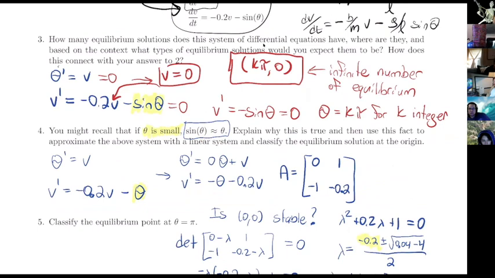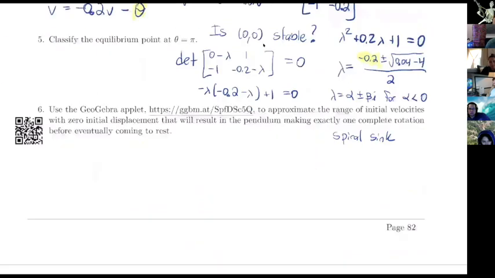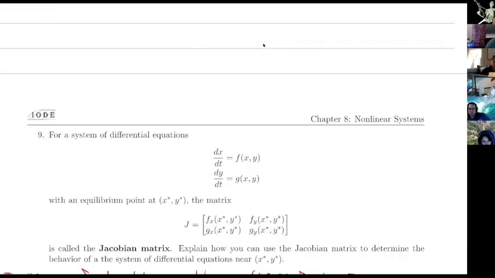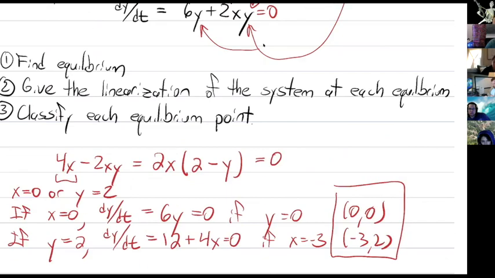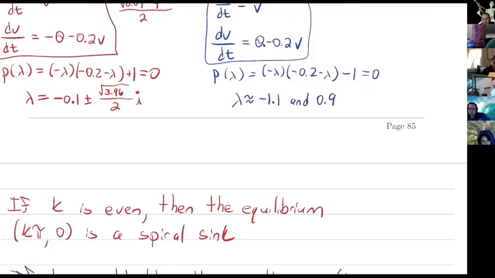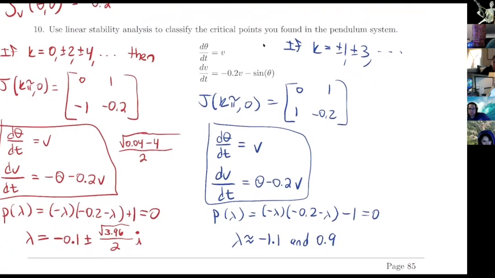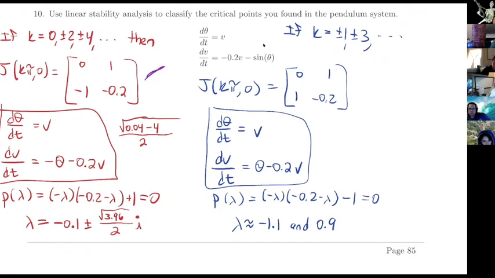Because if we come up with the tangent approximation for the sine of theta at the origin, the approximation is the line y equals theta. But back at the very end, we didn't use that. We just used the linearization process to deal with the equilibrium here. So I found the Jacobian and then used the Jacobian at each equilibrium.